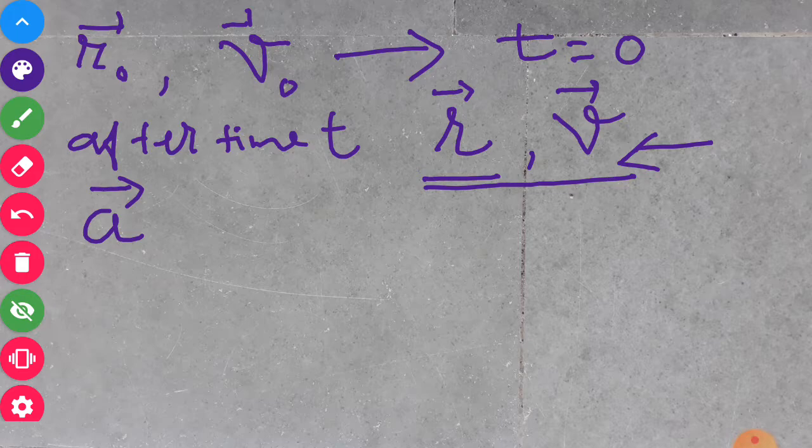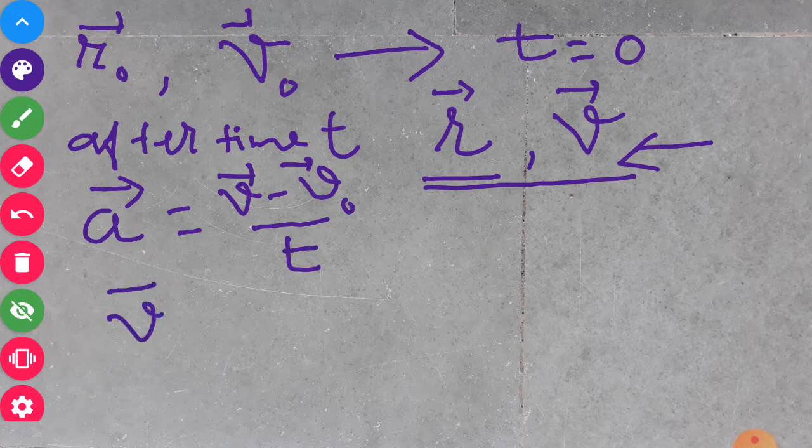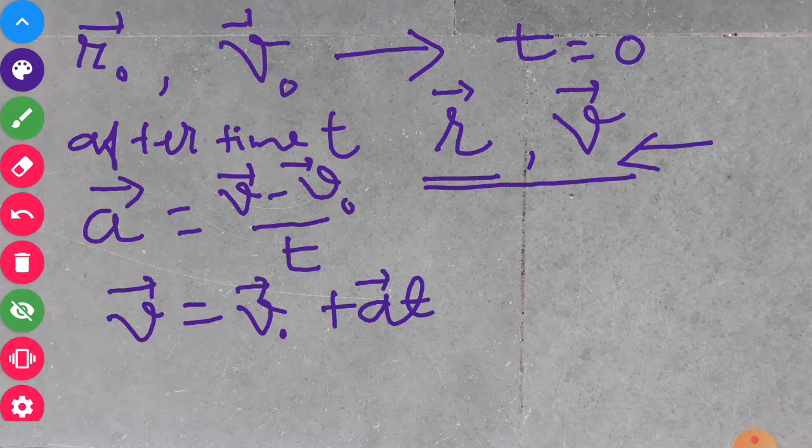Okay. Now acceleration, as you know, is change in velocity. So a is v minus v0 upon t. So this becomes v is equal to v0 plus at, which we have already derived. Here the velocity will have the x component and y component.